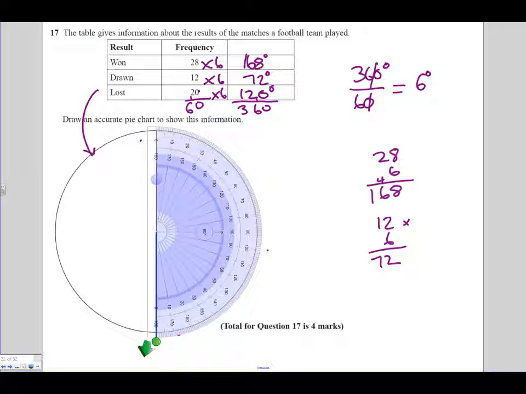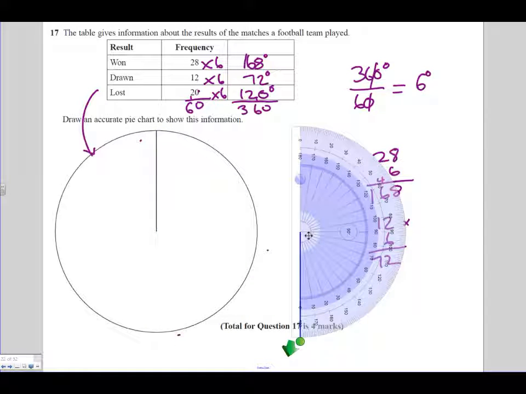Move your protractor away and draw a straight line from the center of the circle to where your marker is. And I would annotate the pie chart with 168 degrees and put in the word won, and that's what that piece of the pie chart represents.